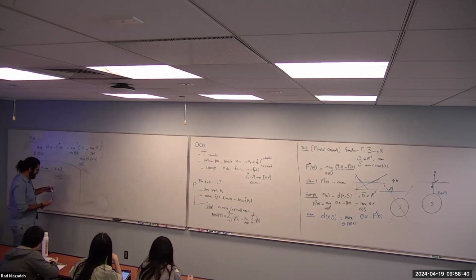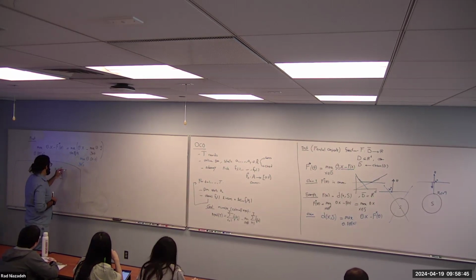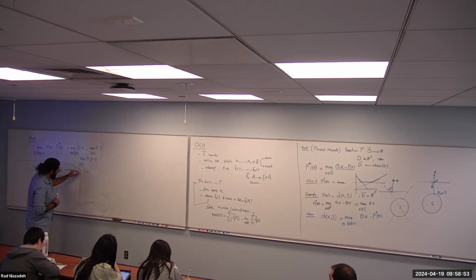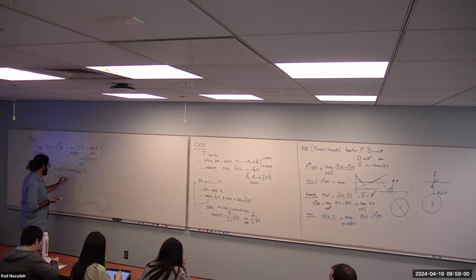And then what do I know about X and Y? So let's say X is going to be, importantly, compact and convex. So it's going to be closed, convex, and bounded. This other one is only closed and convex.